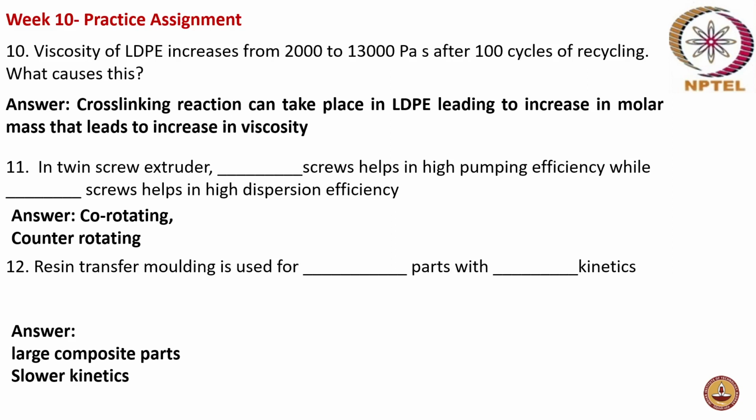So in order to have uniform properties, systems that can undergo slower cross-linking operations, or slower kinetics, can be handled using resin transfer molding, and this further helps in making large composite parts.